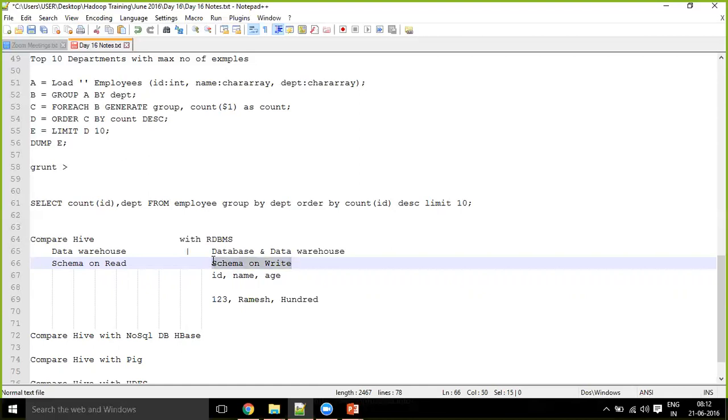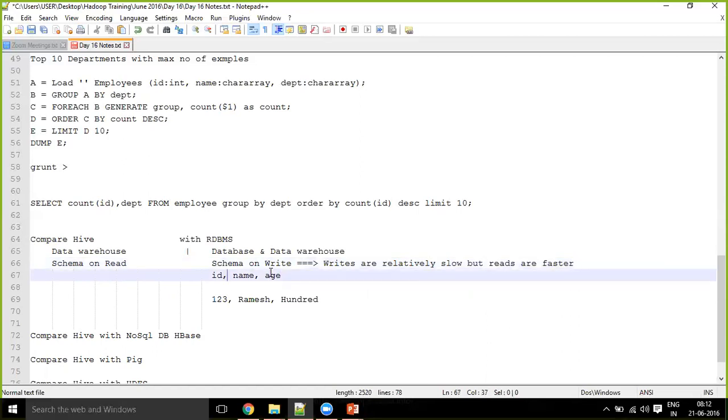That's why if you are writing 10 million records into Oracle, it takes a relatively very long time, because for each and every record, it has to validate the schema and then write into the table. So because of this, writes are relatively slow, but reads are faster.